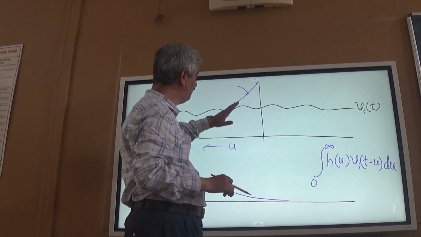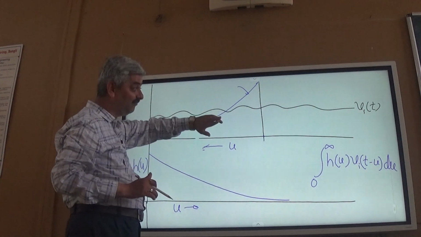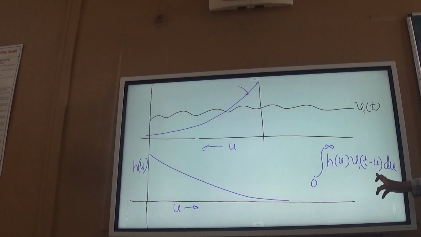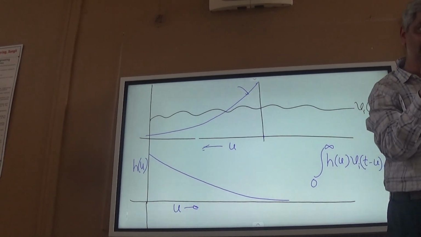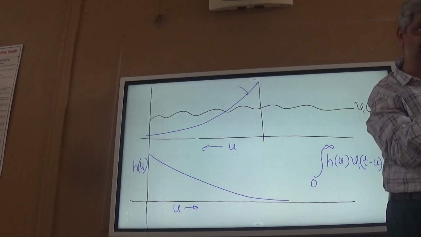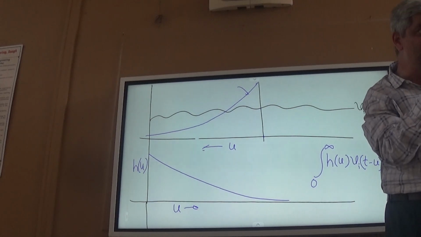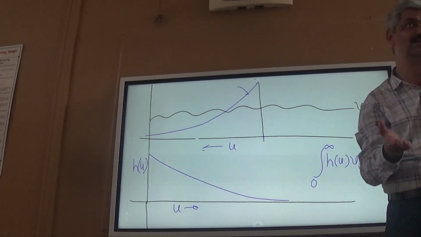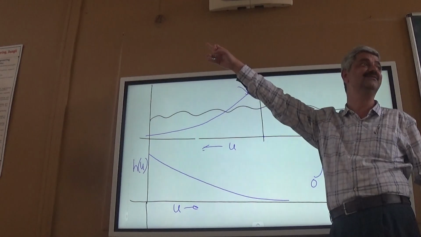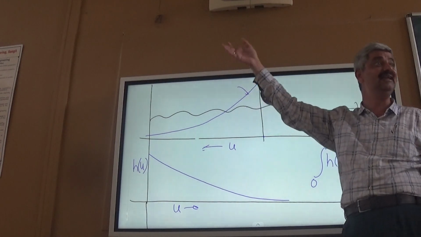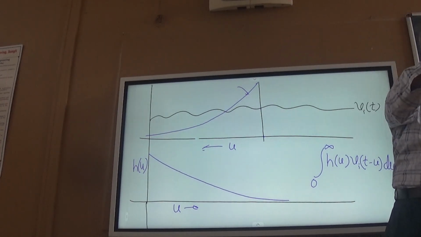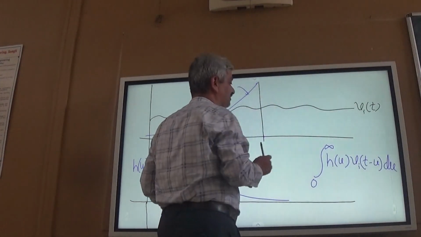So these two curves, h(u) into v of t minus u, correspond to the product of two functions, the input function and the mirror imaged weight function. Mirror image weight function point by point, and then you can plot a curve. You can plot that curve. And the area under that curve is the current output.